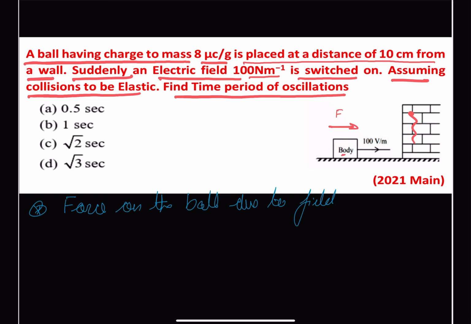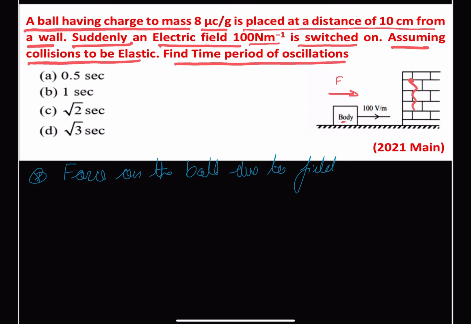Let us call that force F_E, which will be equal to Q multiplied by the electric field, and this force is going to provide the required acceleration for the body. So we can write M multiplied by A equal to Q multiplied by E. So from here our acceleration A will be equal to Q upon M multiplied by E. Q upon M is given to us as 8 microcoulomb per gram.